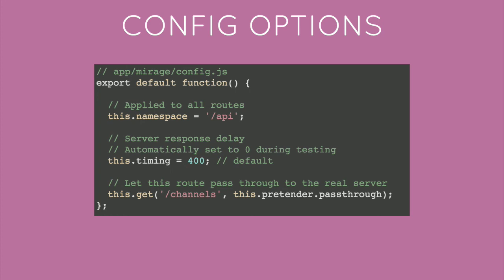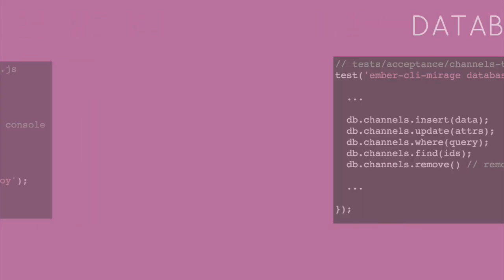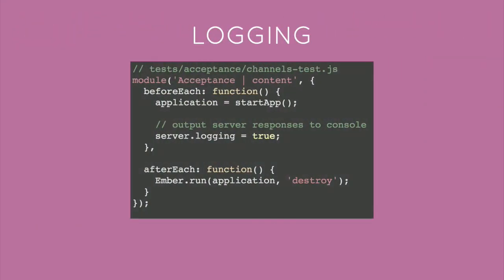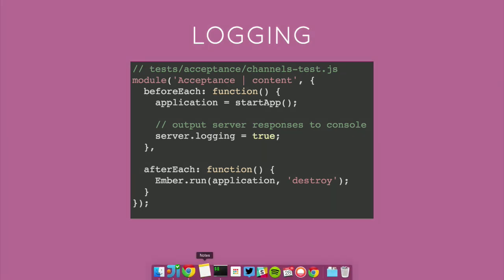Actually, no. However, you could. That's a good point. I don't think it does. You could, since you have the instance of the server object in your acceptance test. So here you're saying server.logging. You can actually say server.get.